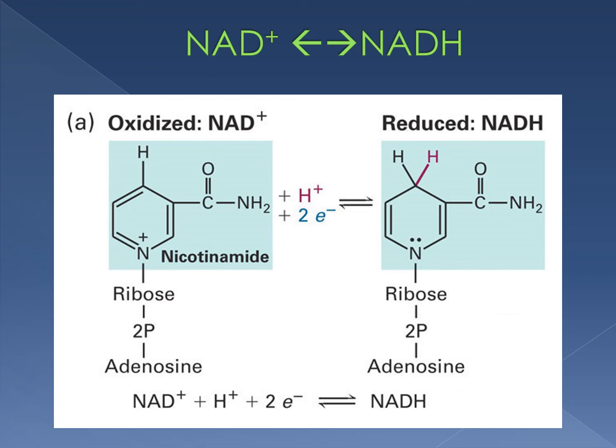More details on this molecule, NAD+. Here's the structure of it. You don't need to memorize this structure. But what I do want to convey to you is that when this molecule, NAD+, is reduced to NADH, there are bonds being created here.